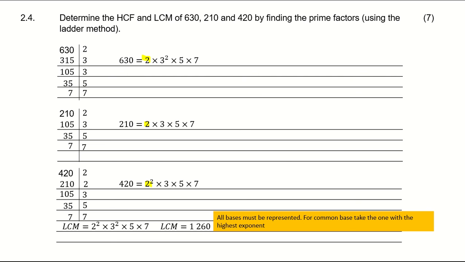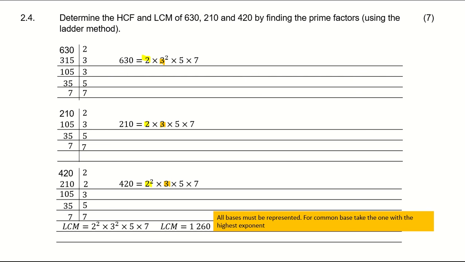What about 3? It's there, it is there, it is there. So 3 will be part of our HCF, but only 3 with the lowest exponent will be part of your HCF.